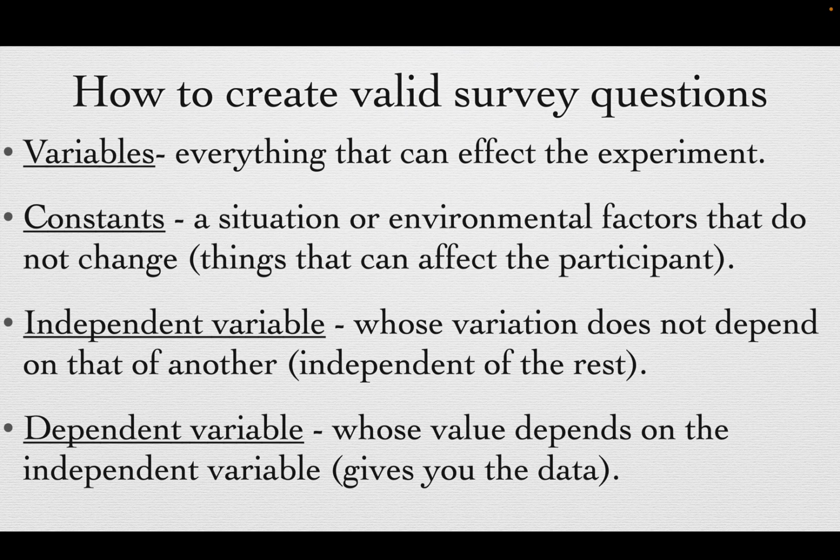Dependent variables would be valid depending on the independent variable, giving you data. So what was the big dependent variable? It was their grades. Their grades were dependent on all these factors. But the independent variable that we're going to put in there to give us the data, in this case, was in fact money. So we're going to add money into the situation.